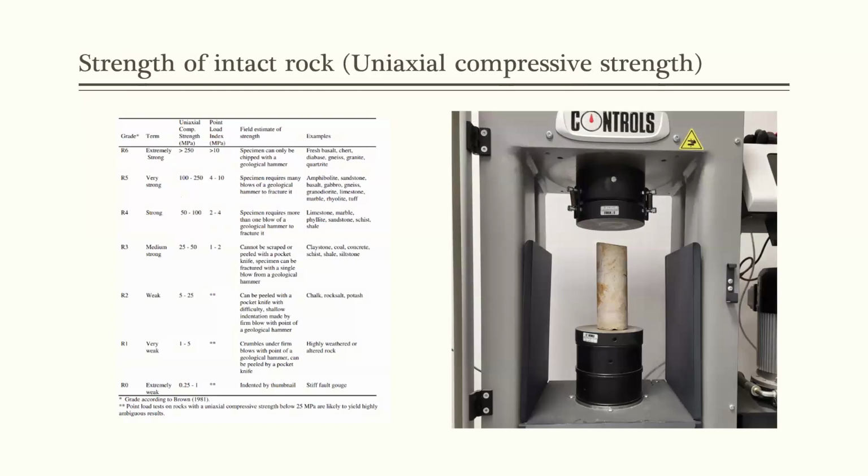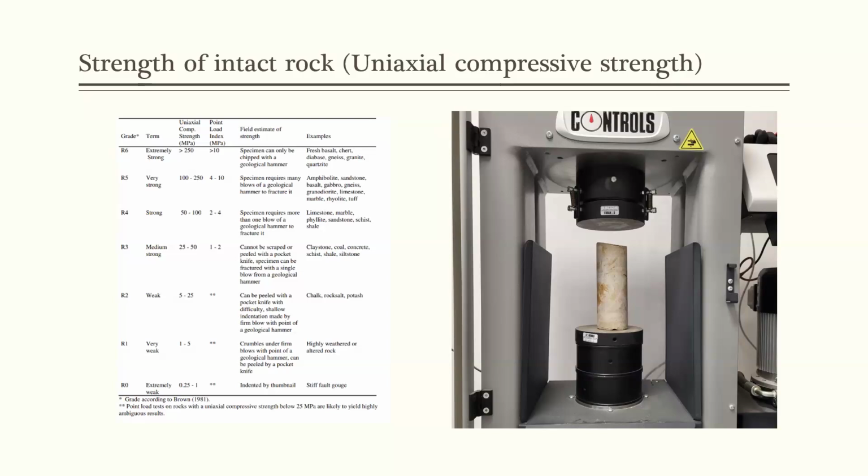Here is an illustration of what is used to calculate the uniaxial compressive strength. Generally, harder rocks with high uniaxial compressive strength values require more energy to fragment, and this results in larger fragment sizes and fewer fines, which is debatable.